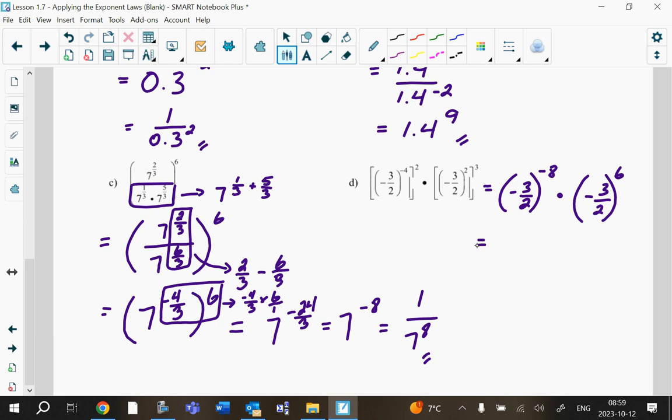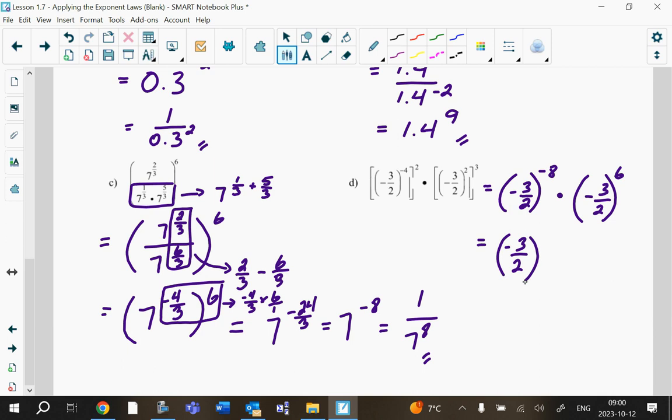Base stays the same. You don't multiply these. Base stays the same when we're multiplying powers. So what's the base? Oh, no. I'm missing something before I move on. Parentheses. You need them.